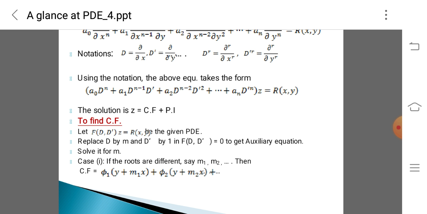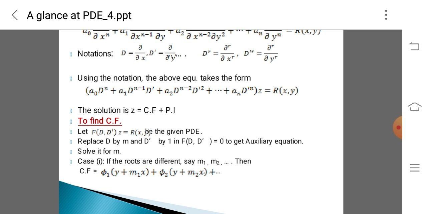Those roots may be different or the roots may be equal. So here we consider two cases. Case 1, if the roots are different, say m1, m2, etc. For these different roots, the complementary function is CF = φ1(y + m1x) + φ2(y + m2x) + etc. Clear with this?